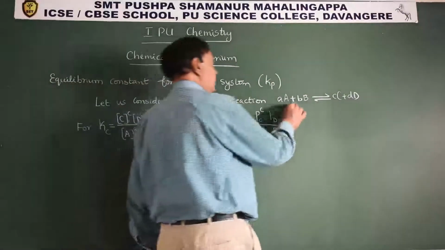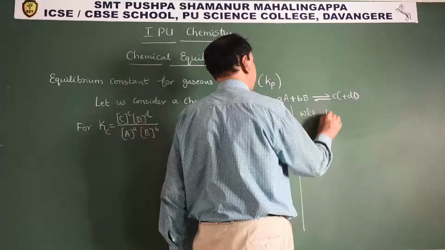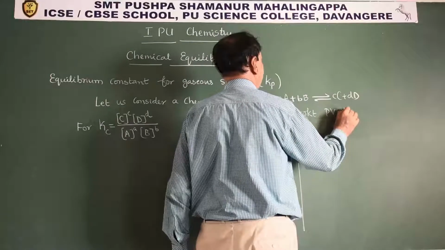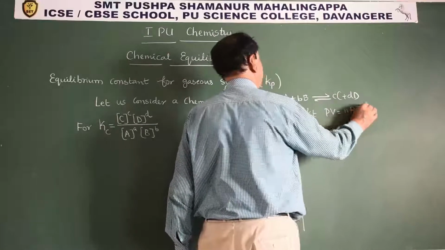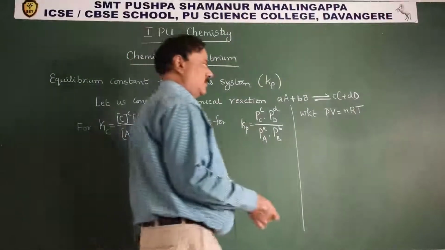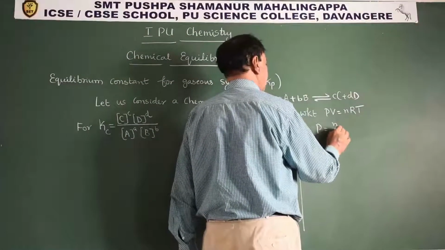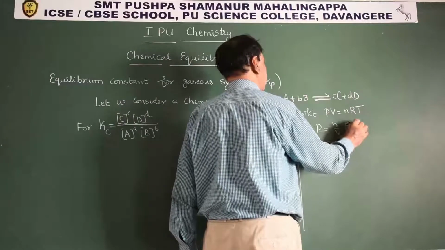Now see, we know that PV is equal to nRT, from the kinetic gas equation. Therefore, P is equal to n divided by V into RT.